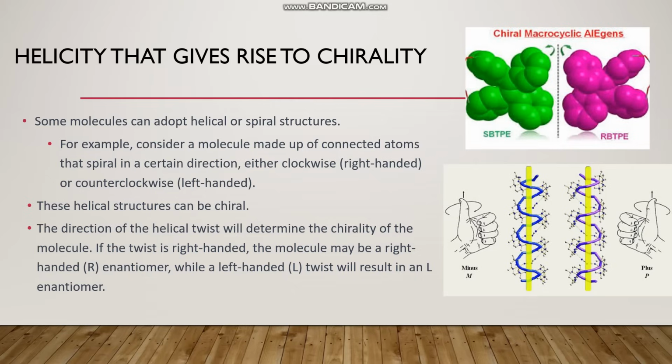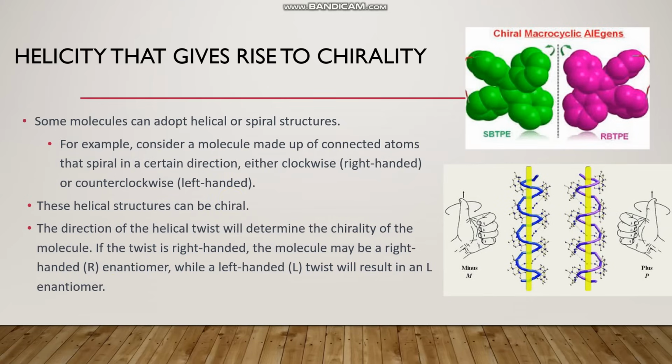DNA can twist in a clockwise direction or an anticlockwise direction. Whenever it has rotation in a clockwise direction, we say it's plus or P, or if the direction is anticlockwise, then we say that the helix has a minus direction, right? So helical molecules do not have a chiral center, but they are chiral because they are helical.